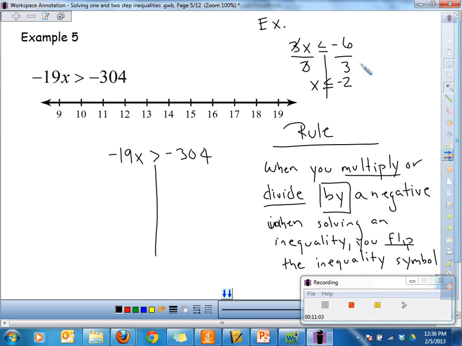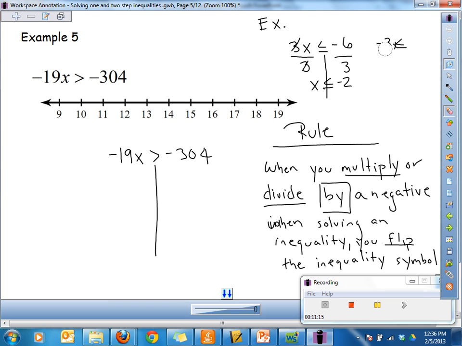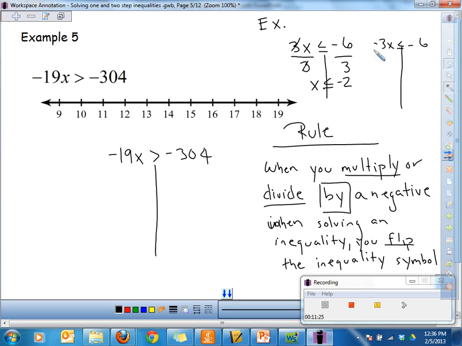Now let's talk about an example where you would be multiplying or dividing by a negative. Let's say we had negative 3x is less than or equal to negative 6. Now this is different because my coefficient on the x is a negative 3.